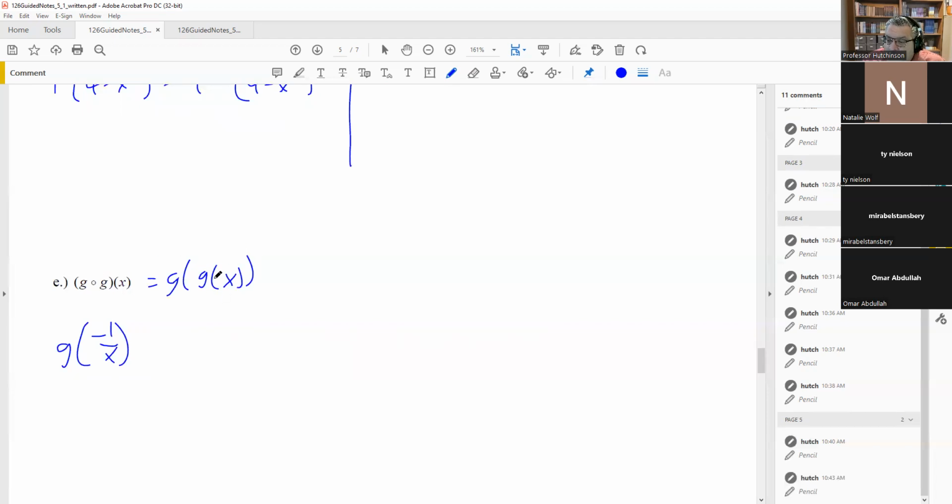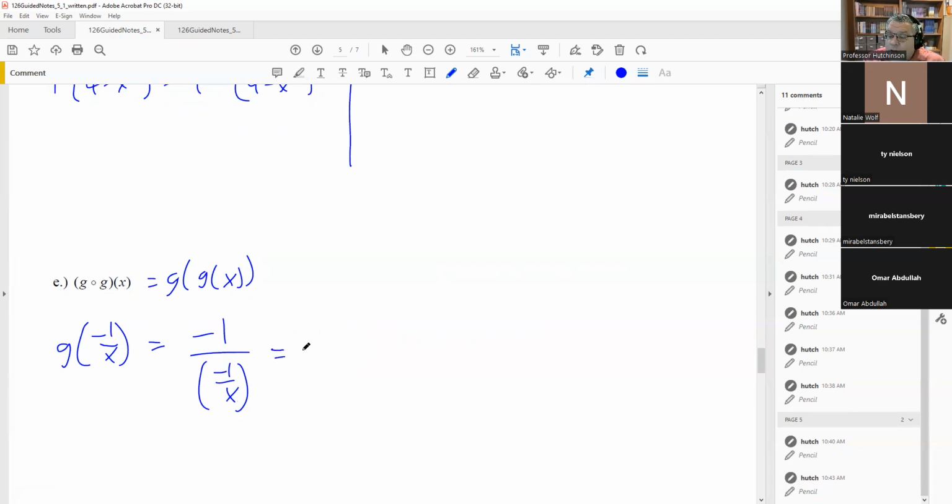Take out the g of x, replace it with -1 over x. The original g function there is -1 over an x. The x I'm leaving blank. I'm going to replace that with this here. So that parenthesis there did have an x originally, and I'm replacing the x with -1 over x.